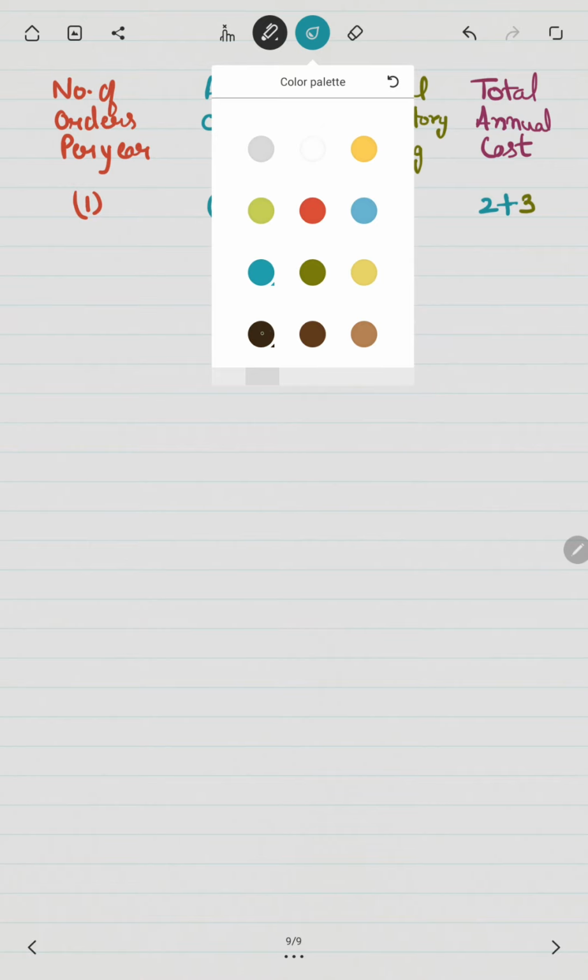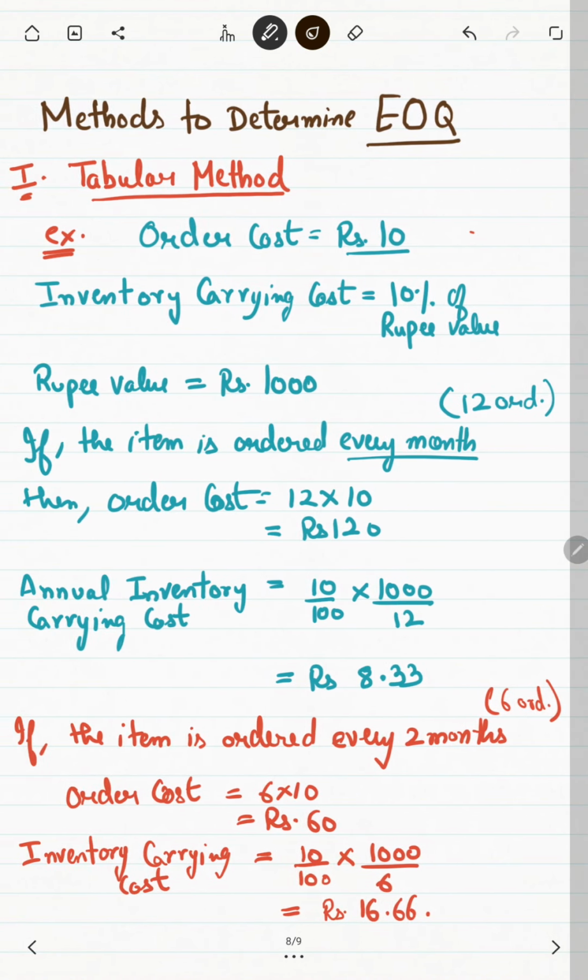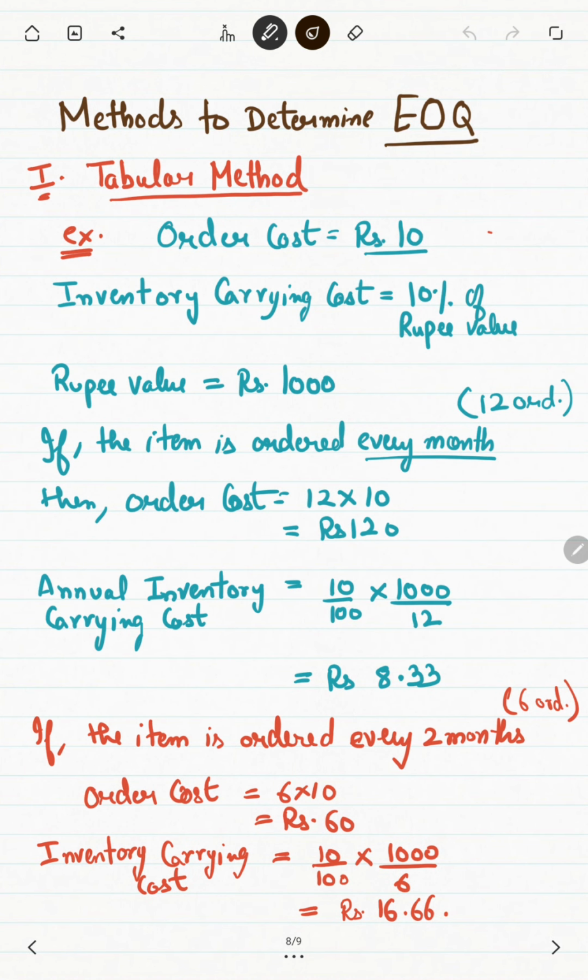First, if a single order is placed every month, a total of 12 orders will be placed in a year with an annual ordering cost of 120. See here, the order cost per order is rupees 10.